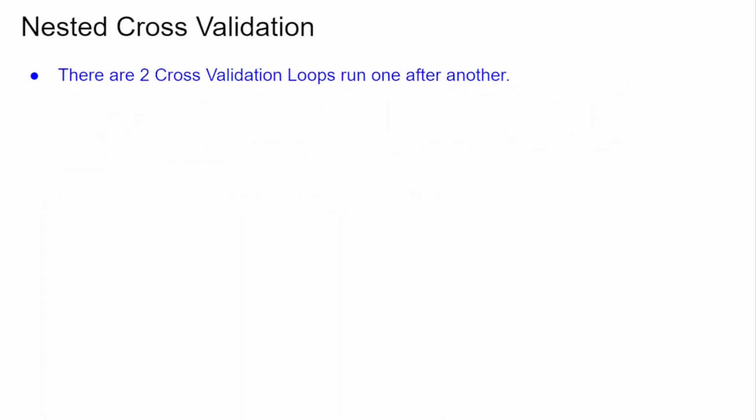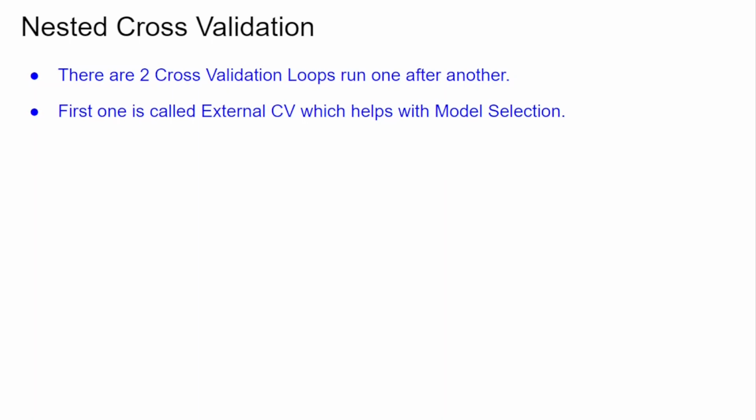Nested cross-validation uses k-fold cross-validation, but with a twist. There are going to be two loops, run one after another, for us to be able to comfortably say that we are managing this overfitting better. That is the goal. The first loop is what we call the external cross-validation, and its goal is model selection.